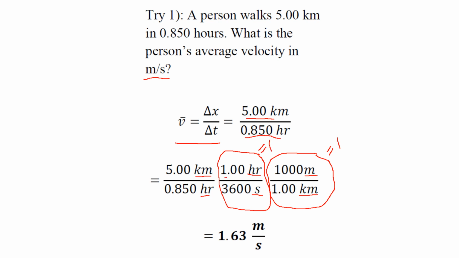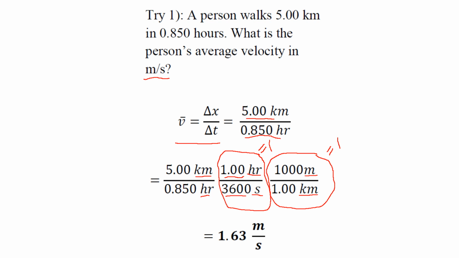I chose 1 hour. Number of seconds in 1 hour is 3,600. It's 60 minutes times 60 seconds per minute, or 60 times 60, 3,600 seconds. And so if you plug all this into your calculator, you wind up with 1.63 meters per second.